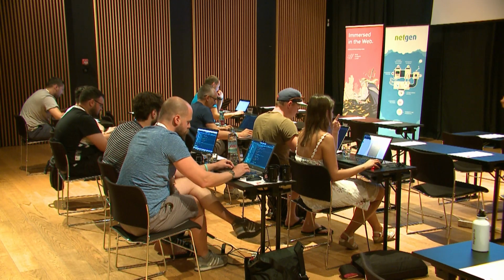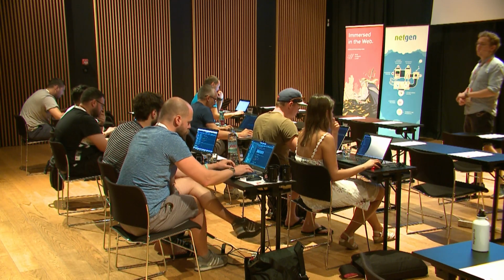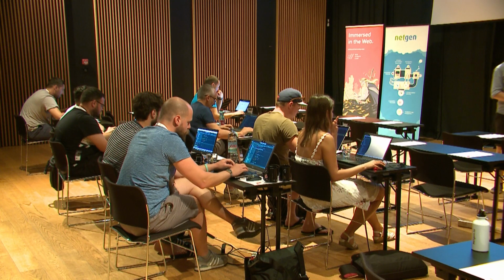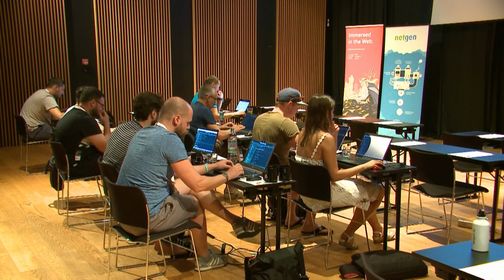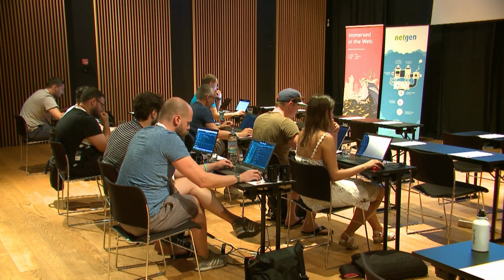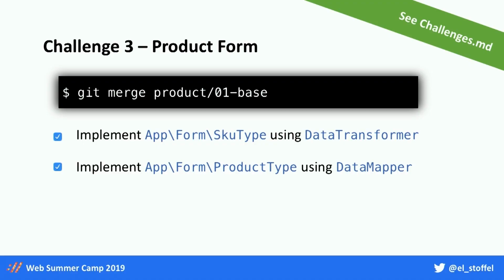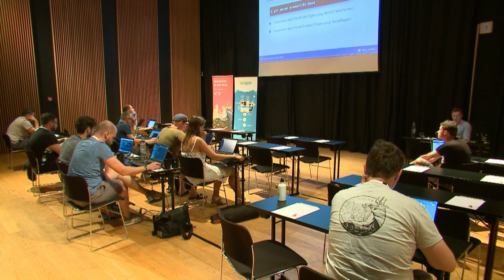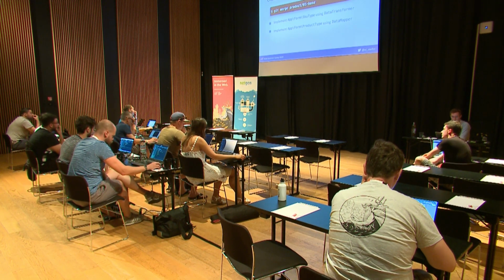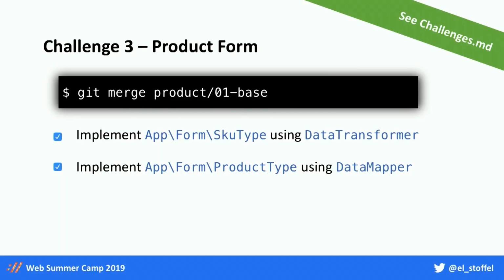So if you start with the SKU type, you implement the build form method and tell the builder that this type is the data transformer for the model view. And secondly, you need to implement the data transformer interface. So let's have a look at the value object.